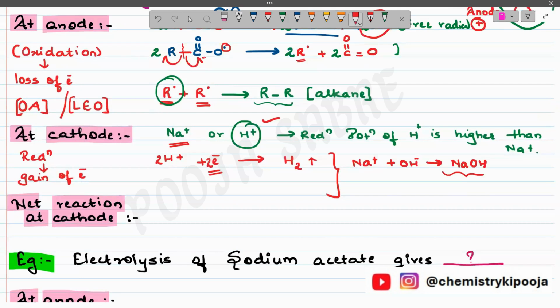And since more and more NaOH is formed in the solution, I can say that the solution is basic. And if it is a basic solution, definitely the pH will be very high, more than 7, because we know the pH scale.